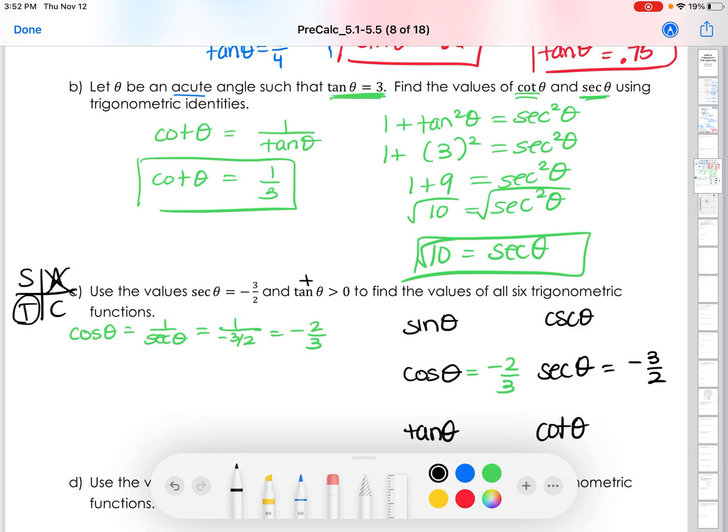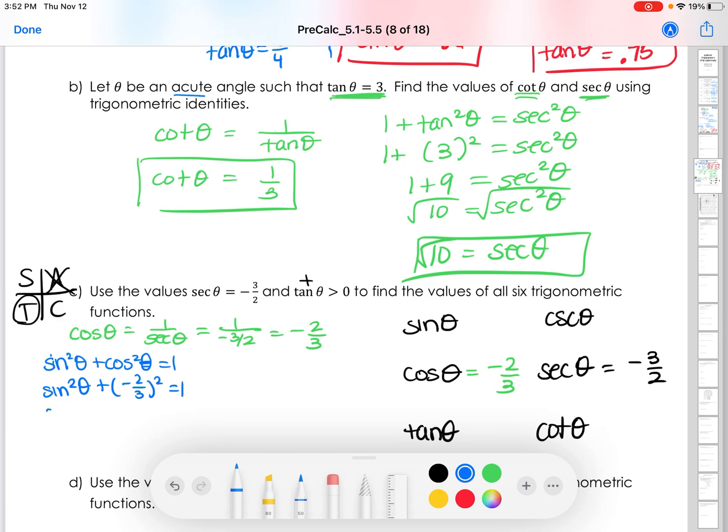All right, so now we can take a look and see what sort of relationships we have here. It might be easier to start with sine. So we know cosine, we can find sine. Sine squared theta plus cosine squared theta is equal to 1. And I already know cosine, so I have sine squared plus (-2/3) squared is equal to 1.